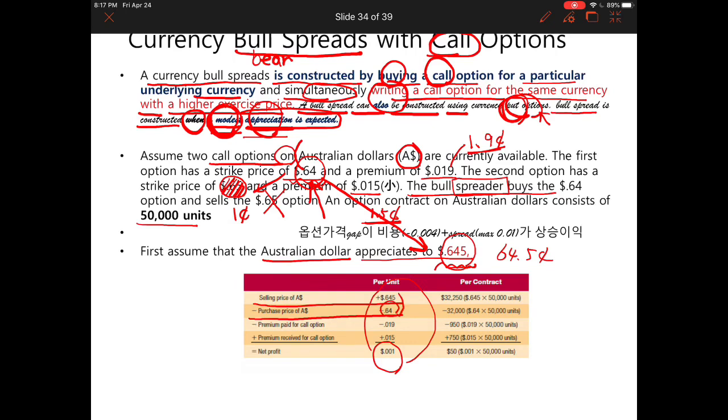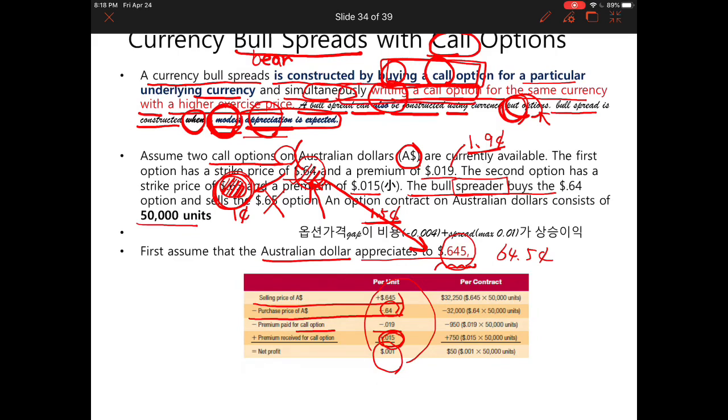He will make a gain, and he has to subtract the premium paid for the call option because he purchased this one. But he has to add the other call option premium. Why? Because he sold this one, right? He bought a call option with a lower exercise price, but he simultaneously wrote a call option with a higher exercise price, so he got the revenue.